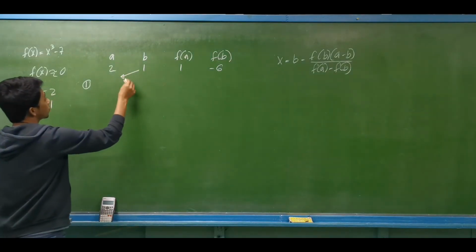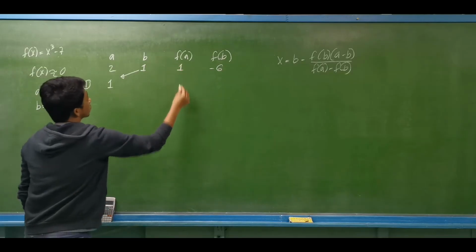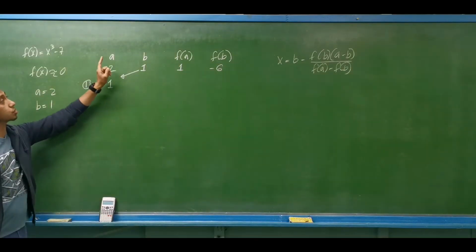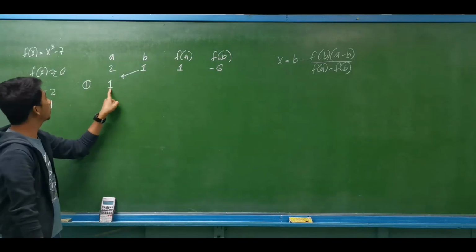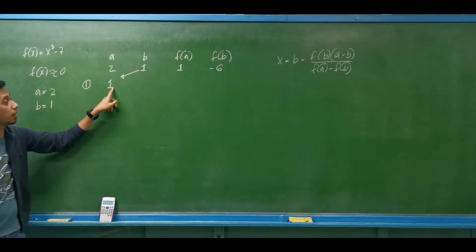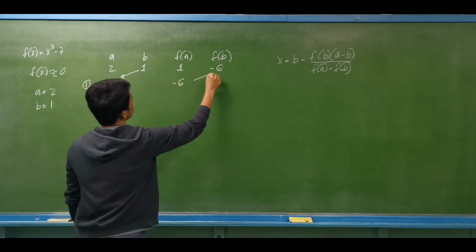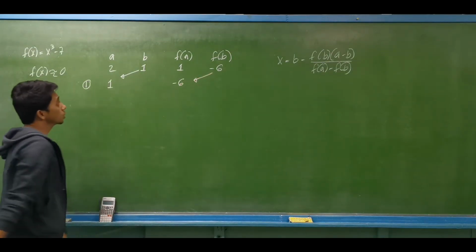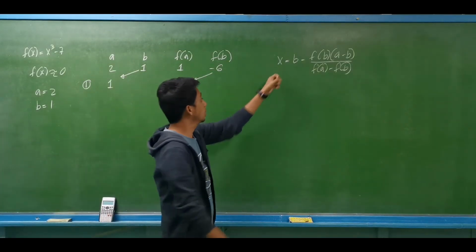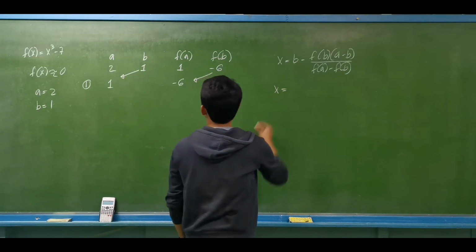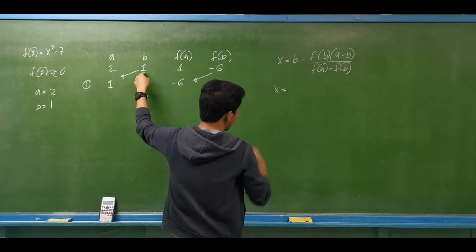So we just copy this one, which is 1. So the new value of a is 1. What is f of 1? F of 1 is negative 6. What will be the next value of b? That is the value of x. So we have the next value of x is equal to, what is our initial value of b?